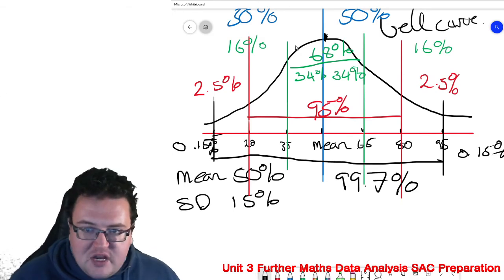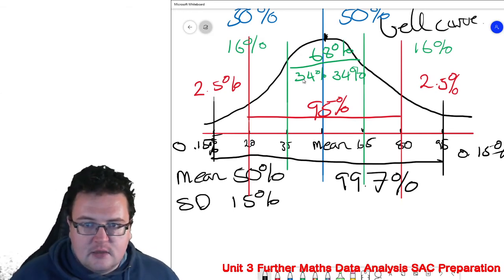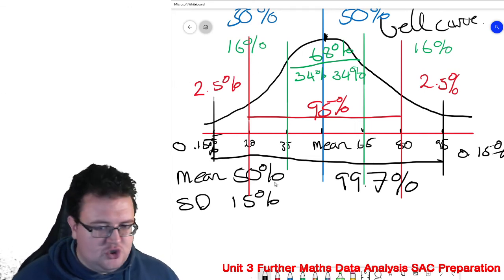So if 34% is between my blue and my green line, and 16% is below all of that, what is between this line here and this line here? Well, if 2.5% is from here all the way down to here, then what's in here should be 16 minus 2.5.